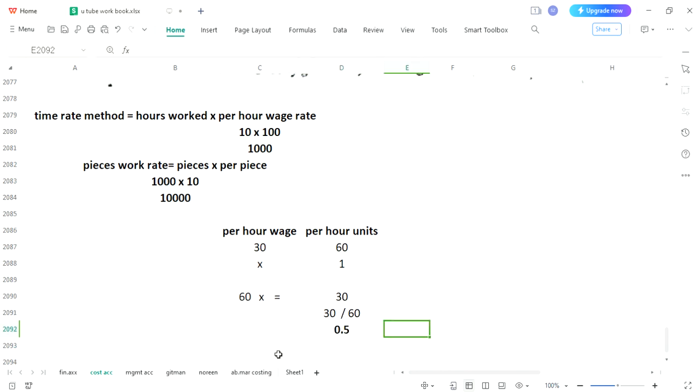But we have calculated the amount per piece, or you can say it is the per piece rate.